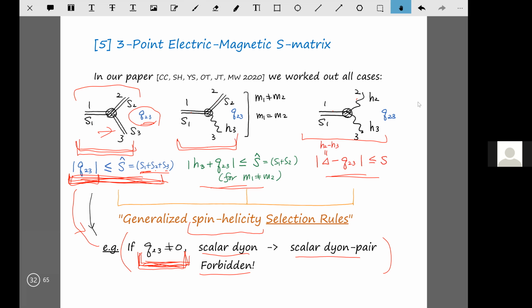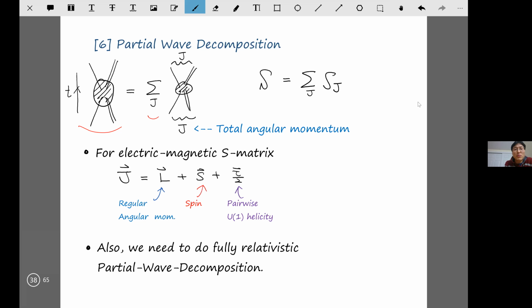Okay, so now partial wave decomposition. What's the point here? Given the full S matrix, I want to write that as a sum of subchannels, where in each channel the initial and final state has some specific total angular momentum. Of course, in and out should have the same because of total angular momentum conservation. So I want to write the S matrix as a sum of S_J, where S_J is with a particular angular momentum.